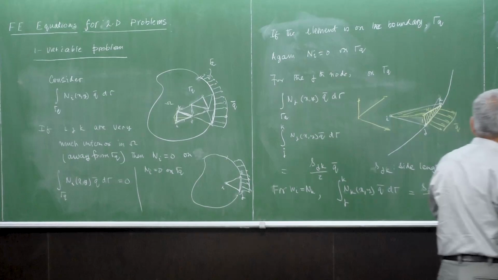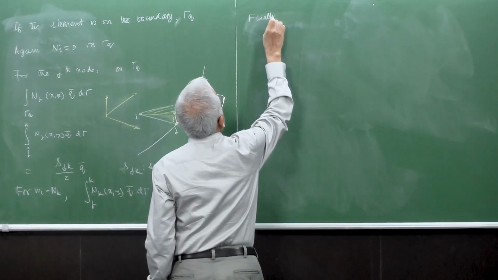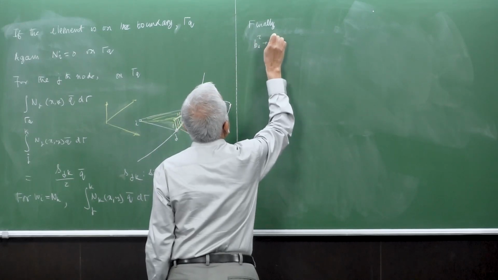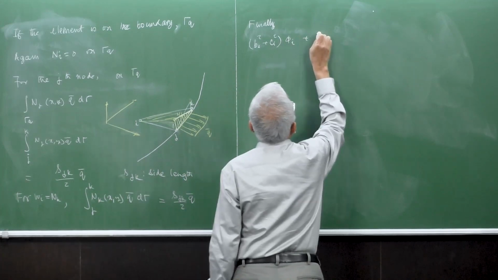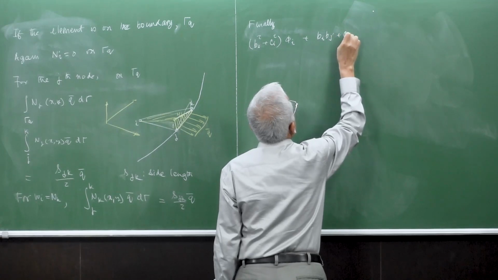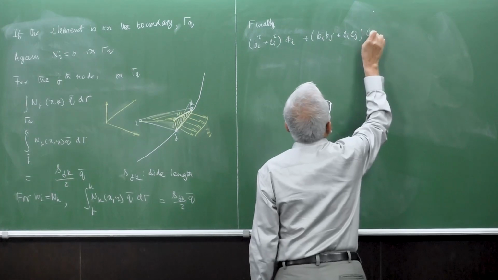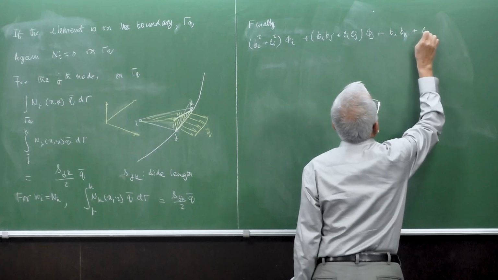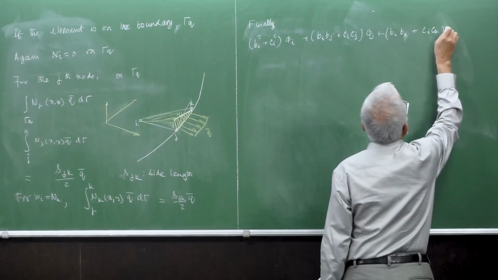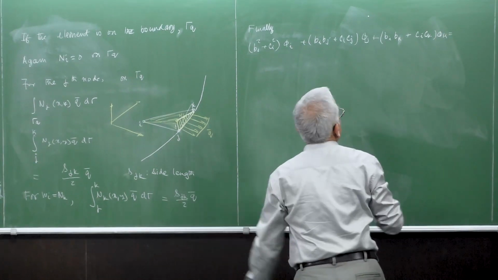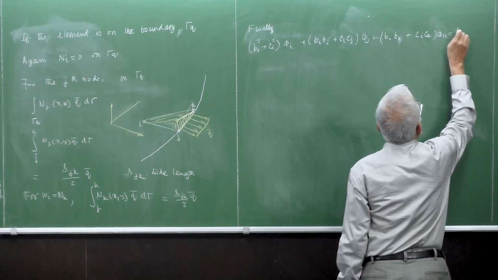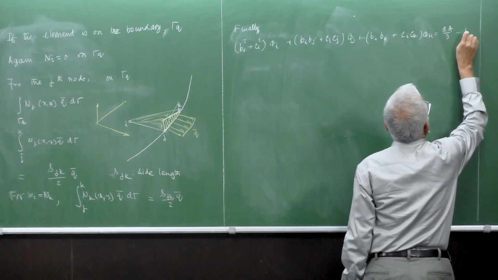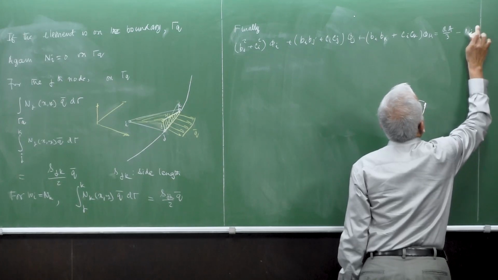Okay, so now coming to finally this equation as what we have done there: (bi squared plus ci squared) by I, bi bj plus ci cj by j, and bi bk, and this side you have qA by 3 minus, well, I leave that here, Ni q bar.